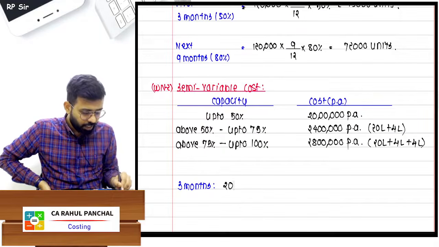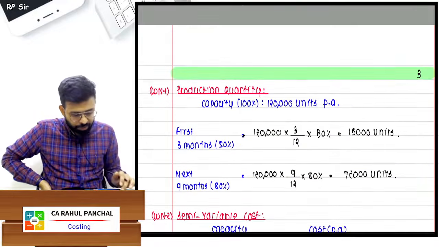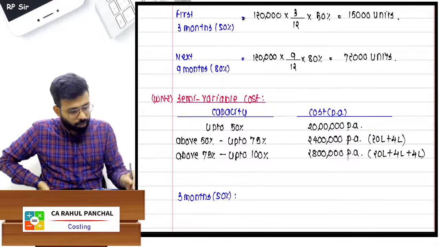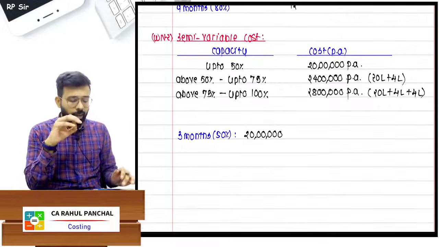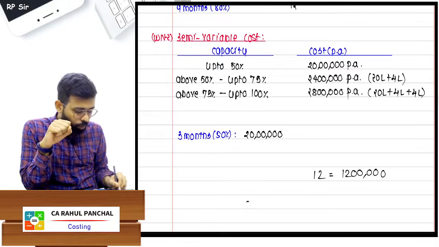When I say in the first 3 months, in the first 3 months I am going to work at 50% capacity, yes sir. So we need to divide that, because you said it's a fixed cost, whatever it is, you have to pay it. What I am saying is, if I say for 12 months you have to pay 12 lakh rupees as rent, and if I ask you what is the cost for 3 months, then what will you say?